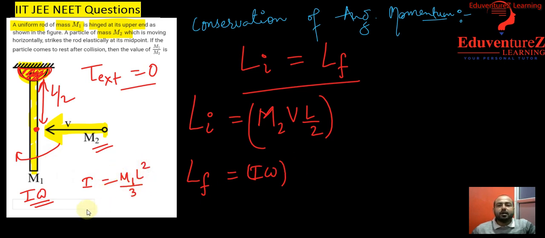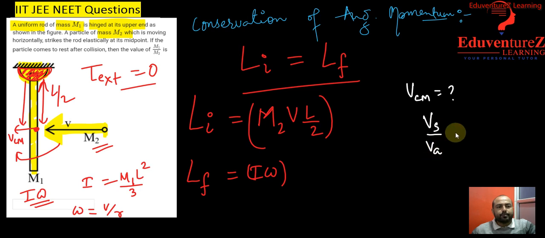And what is omega? Omega is equal to v upon r, because v equals omega r. What is v? v is the velocity of the center of mass of the rod, and r is the distance from the axis of rotation. For calculating v CM, we will use velocity of separation upon velocity of approach equal to the coefficient of restitution.